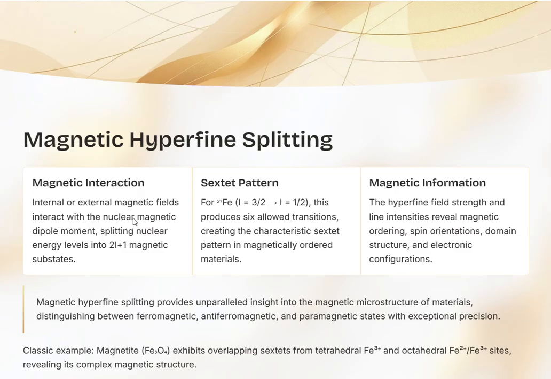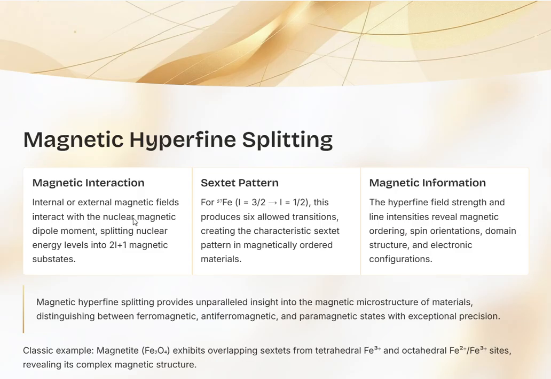In the absence it shows two peaks, in the presence it will show 6 peaks, because the I = 1/2 level splits into 2, plus half and minus half, and I = 3/2 splits into 4: minus 3/2, minus 1/2, plus 1/2, plus 3/2.